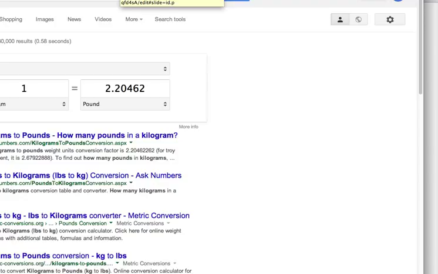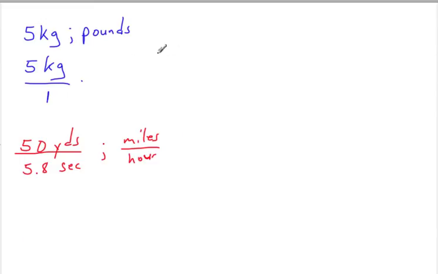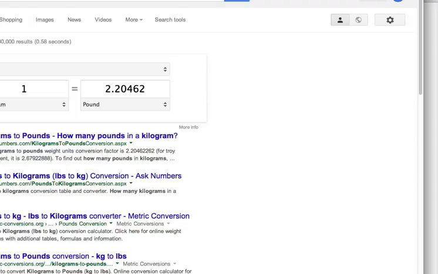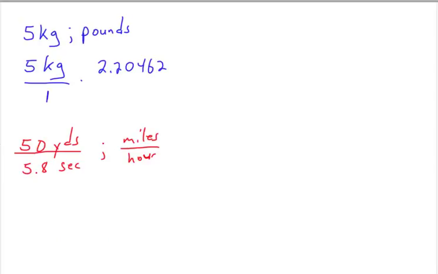Got my trusty phone over here. Okay, 2.20462. Is that right? 2.20462. Okay. And that's 1 kilogram is equivalent to this many pounds. Alright, so now the kilograms, like before, are going to cancel out.